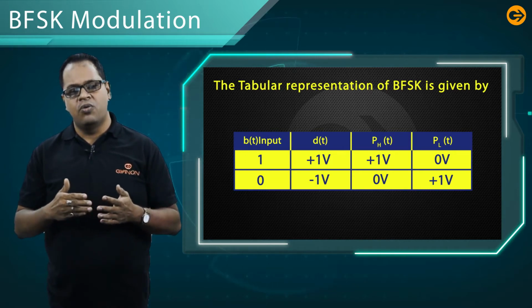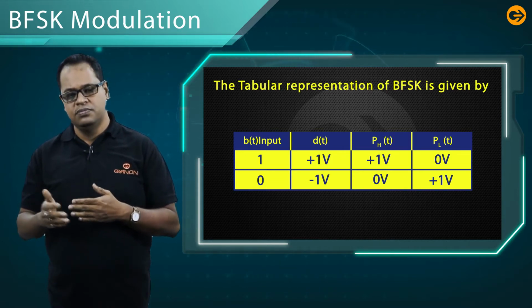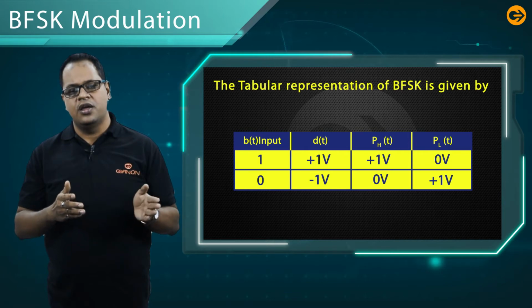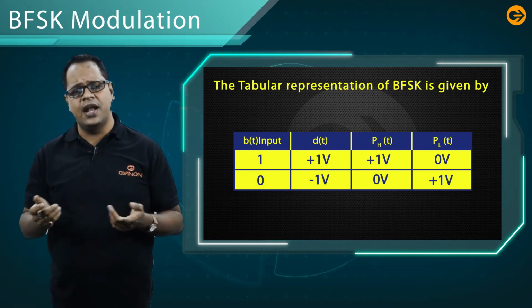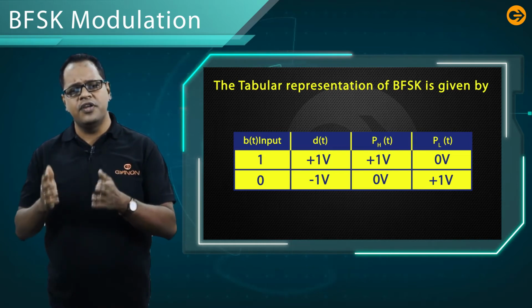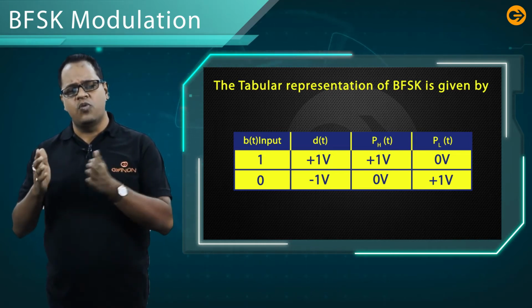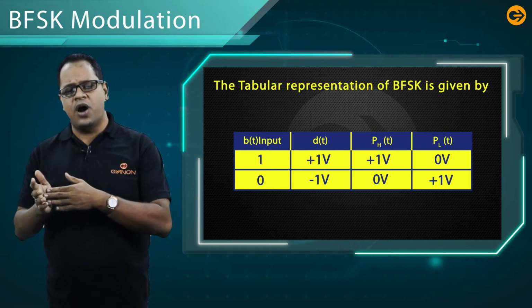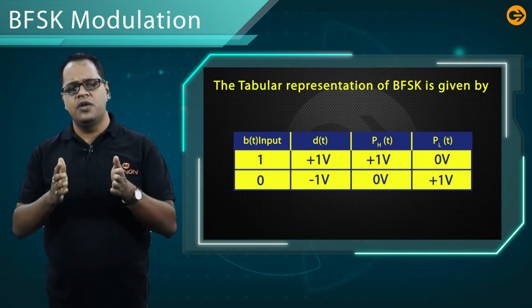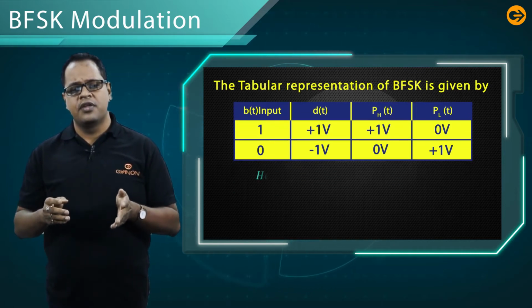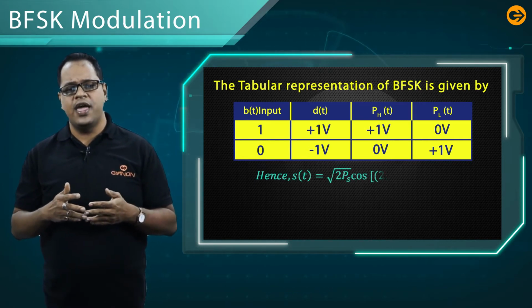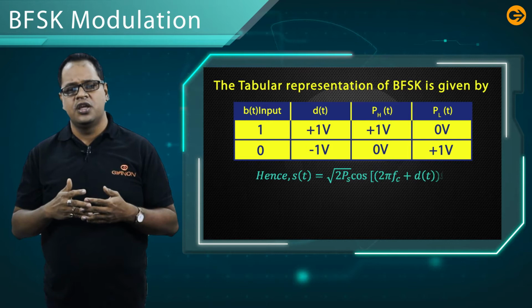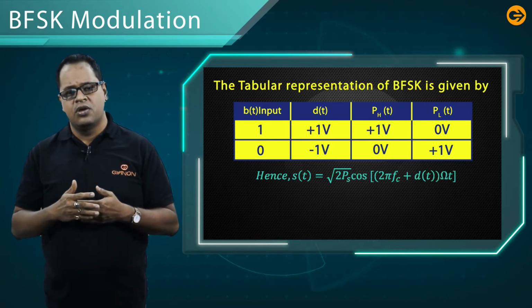This is plus 1 when the input is 1 and 0 when the input is 0. This is reversed in case of p_L(t). p_L(t) is equal to 0 when the input is 1 and it is plus 1 volt when input is 0. Hence, s(t) is equal to root Ps cos 2 pi fc t plus d(t) into omega t.